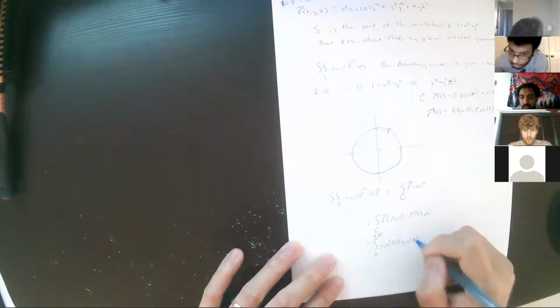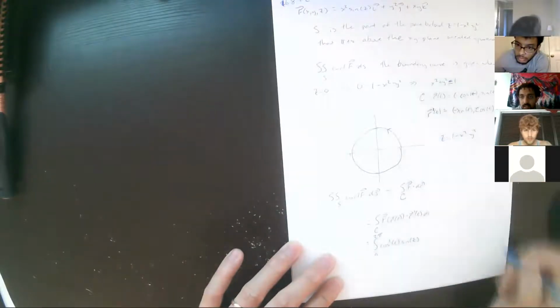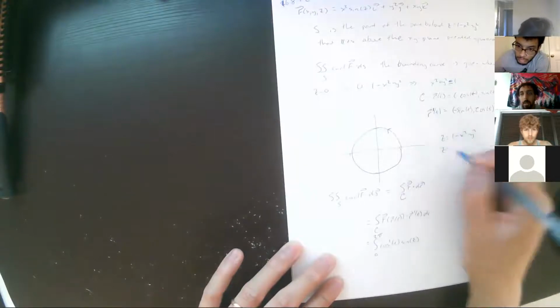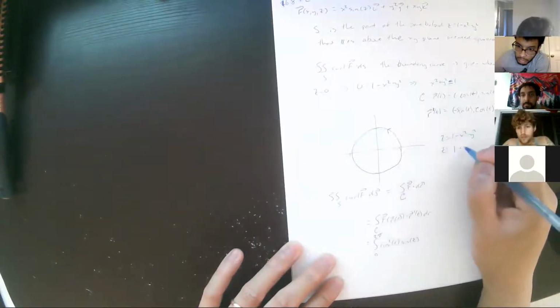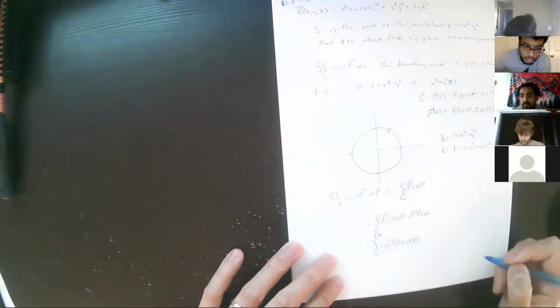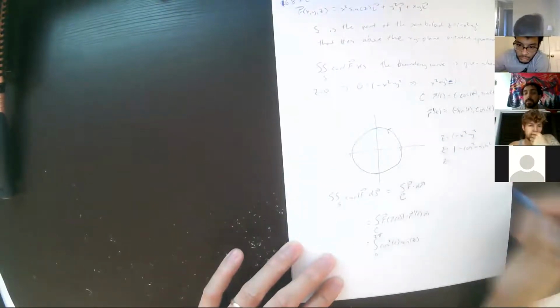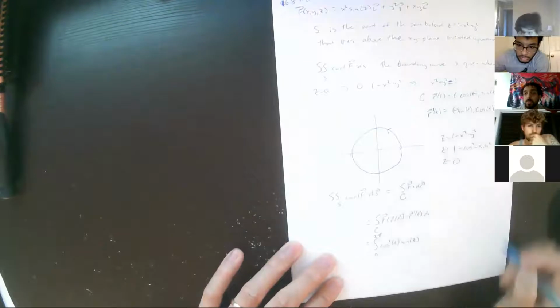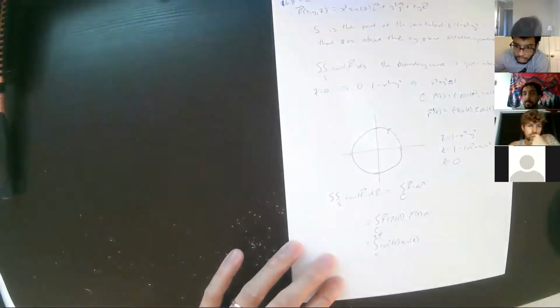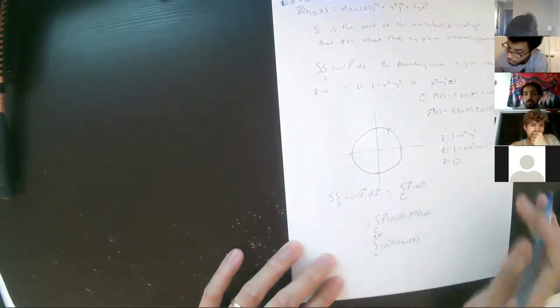And what is z? Z is 1 minus x squared minus y squared. So z is 1 minus cosine squared minus sine squared, which is 0. So what's sine of 0? 0.